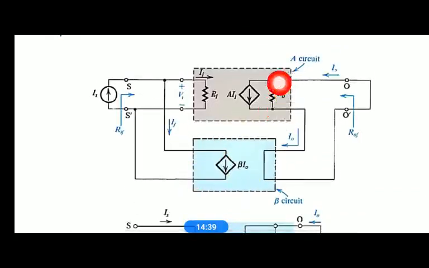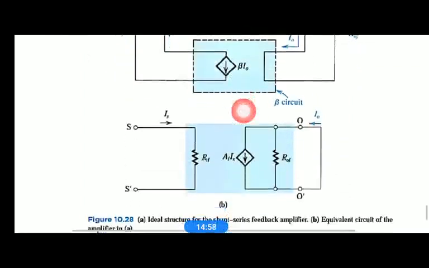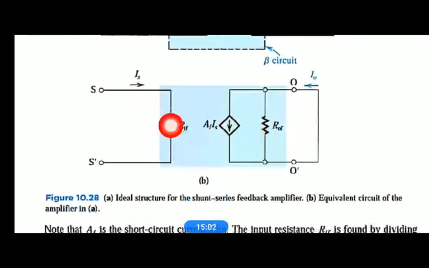Since we are taking the output as a current, the open loop equivalent circuit at the output is represented by a current controlled current source having the value A into II. The equivalent circuit for this current amplifier is shown here. The input resistance is RIF, seen from points S and S dash, and the output resistance between O and O dash is ROF.